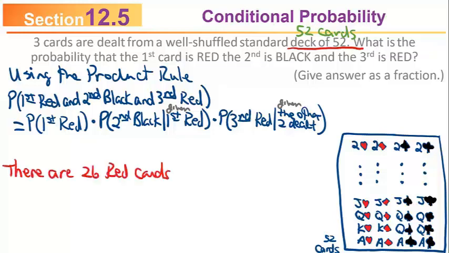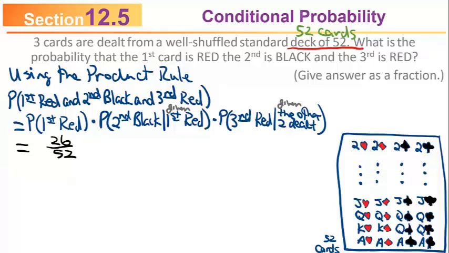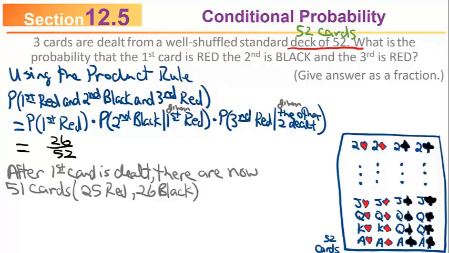So anyway, we want to find out what is the probability of drawing that first card red. Well, there are 26 red cards in the deck of 52, so that's 26 over 52. That also happens to be 1/2, so if you wanted to write it as 1/2, that's perfectly okay. I'll leave it that way for the time being. But what about drawing the second black? Now you've got to be careful. After that first card is dealt, it doesn't go back in, so there are only 51 cards left in the deck.